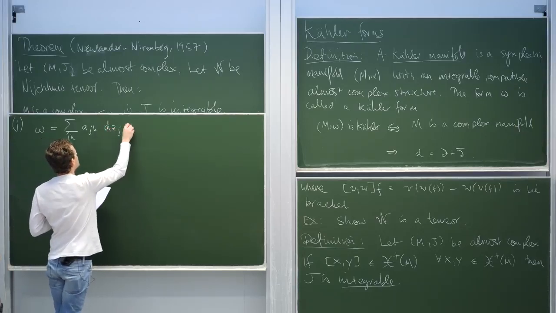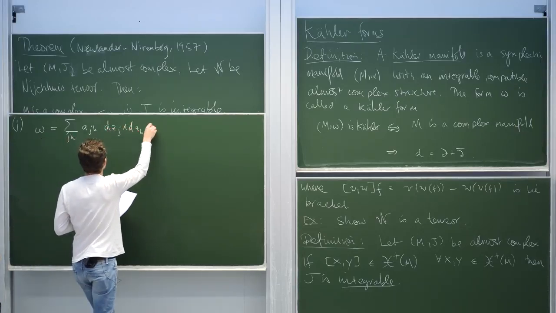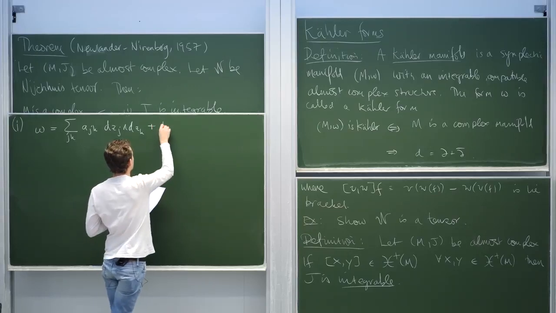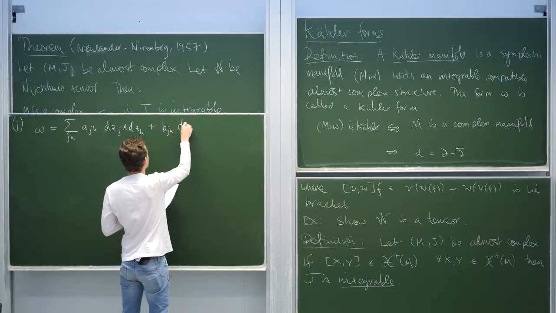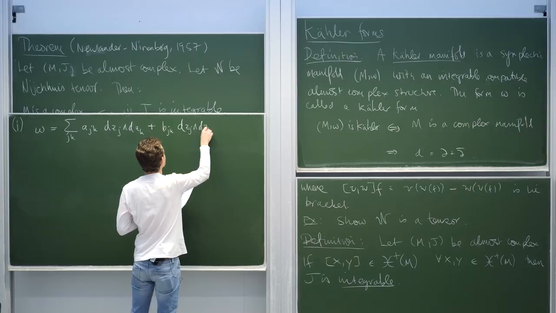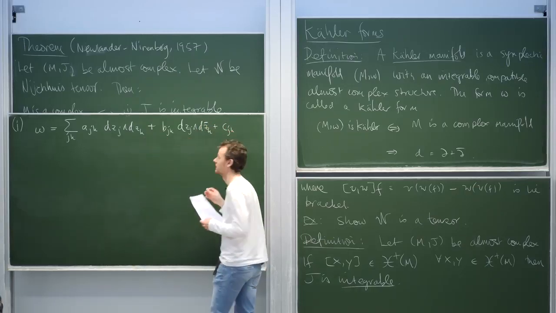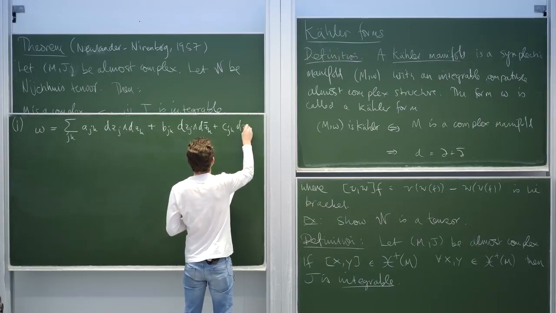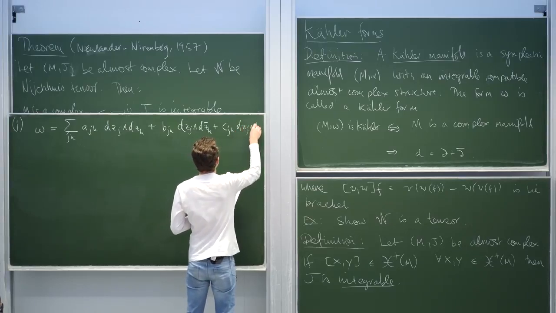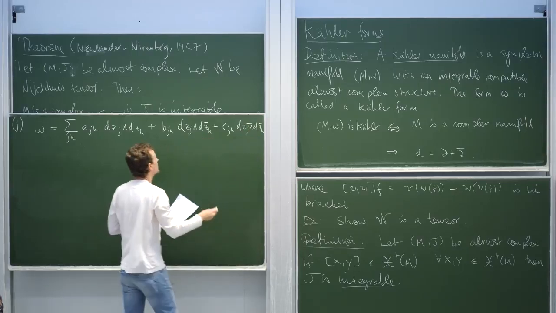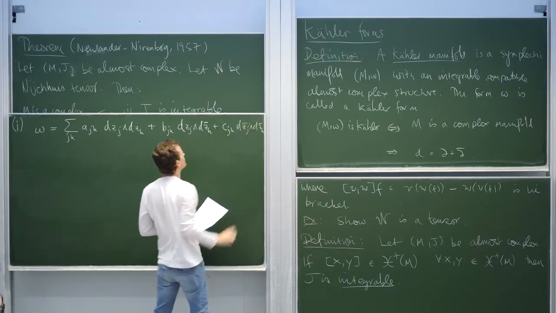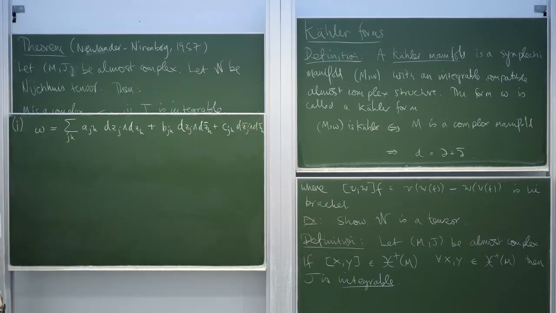There's some dz wedge dz's. There's some dz's wedge dz bars. And there's some dz bars wedge dz bars. So we've used the fact that the manifold is a complex manifold to express our 2 form in coordinates.